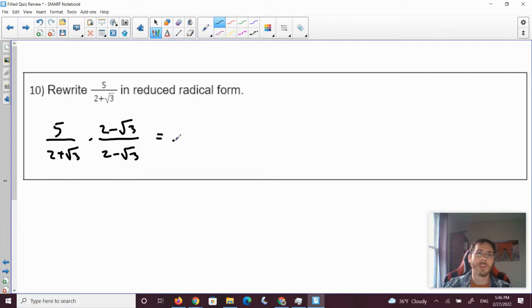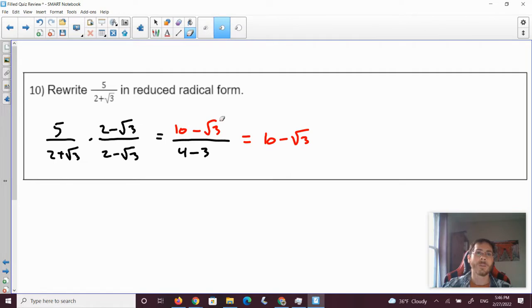So denominator is pretty quick. We get 4 minus 3. Up top, we can just distribute. 5 times 2 is 10. 5 times root 3 is 5 root 3. 4 minus 3 is just 1, so we'll just end up with 10 minus 5 root 3.